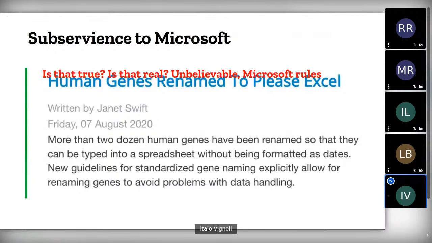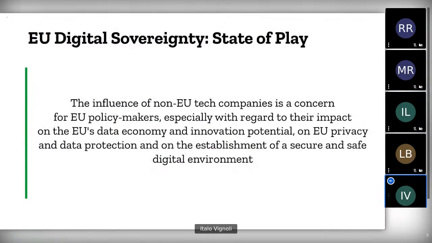There shouldn't have been even a formal request. The company should have changed the way that Excel behaves to accept human genes names. So unfortunately, we are far from the ideal position.